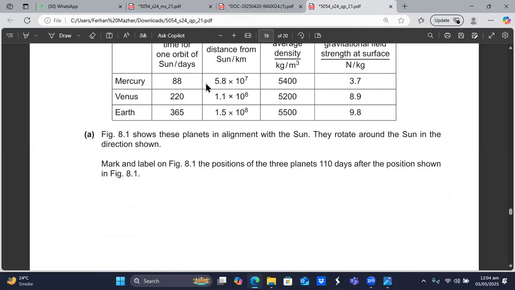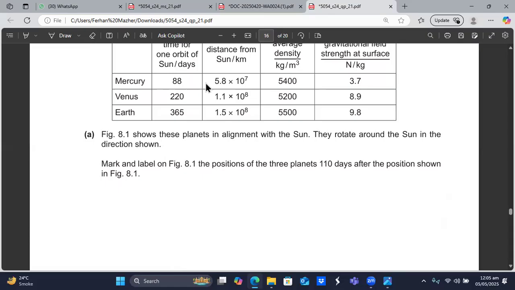For Mercury, 110 divided by 88 multiplied by 360 gives the angle.